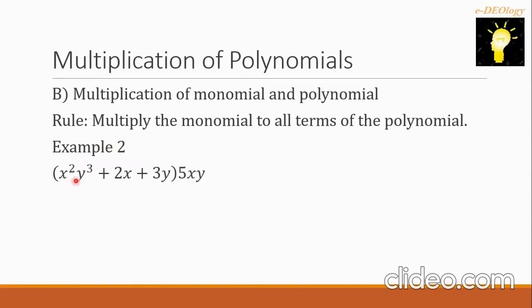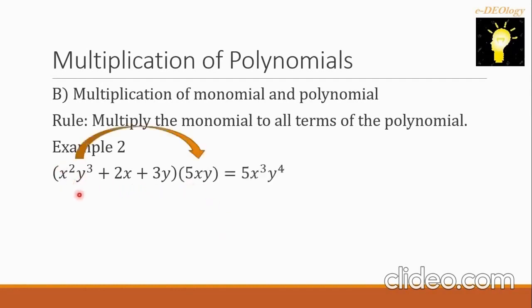Example 2, the polynomial and the monomial can be interchanged in position. So in here we have the polynomial x squared y cubed plus 2x plus 3y times the monomial 5xy. So the same procedure, each term of this polynomial will be multiplied to the monomial.